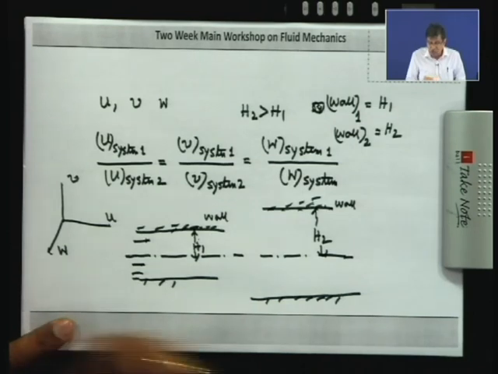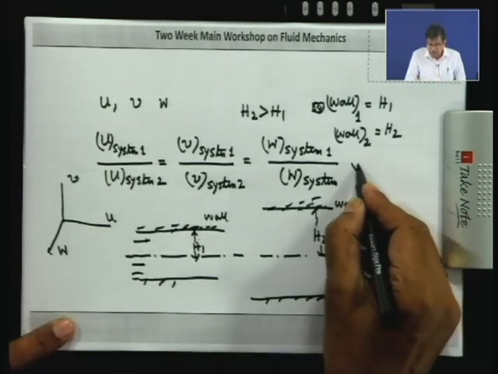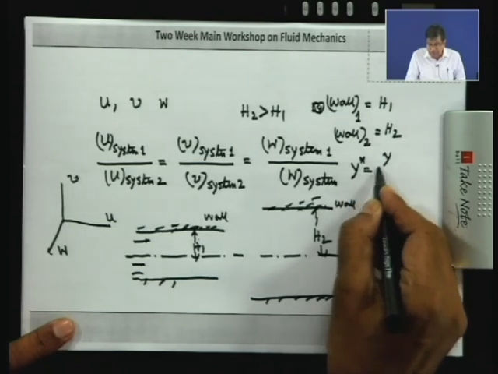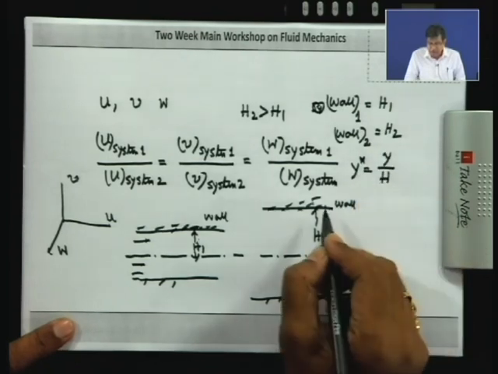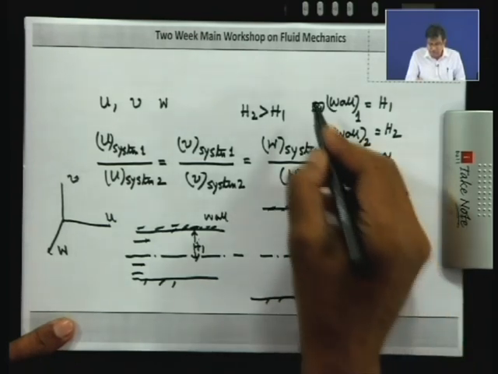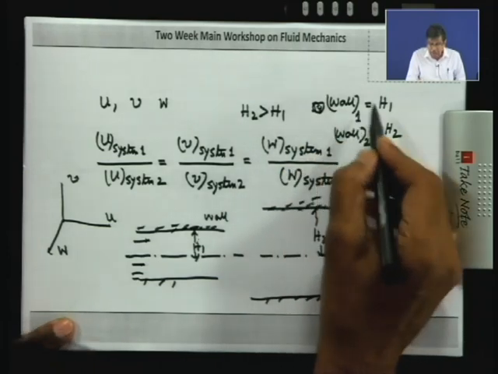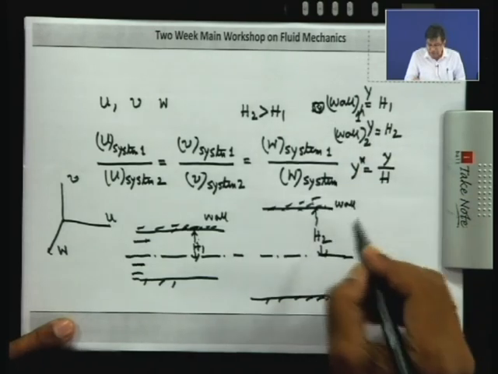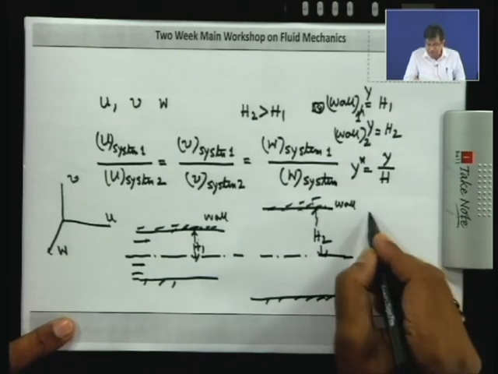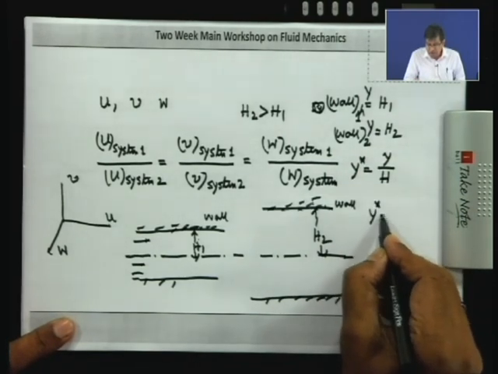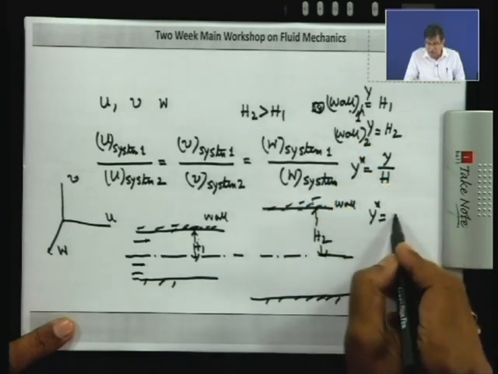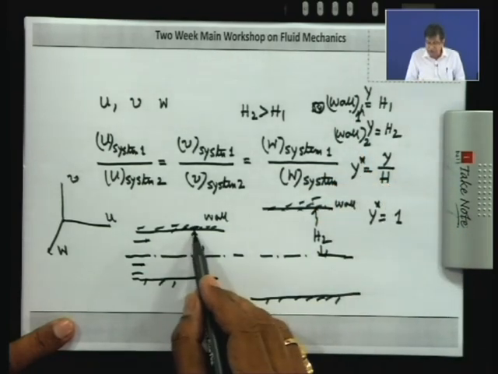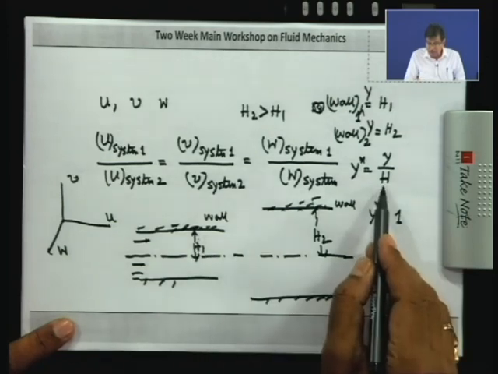But if we define a dimensionless coordinate y star as y by h, then for the wall, y is equal to h. Rather you write, it will be better, y is equal to h. But y star for both systems will be 1, because in this case it will be h1, corresponding h.